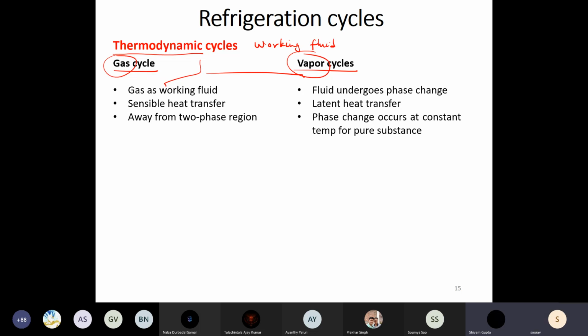We do not classify the cycles based on the external media. Your power cycle could be getting energy by combusting petrol, diesel, or by burning coal. The classification is not on the basis of the fuels per se, but on the working fluid, the fluid which is actually flowing through the internal components of the device.